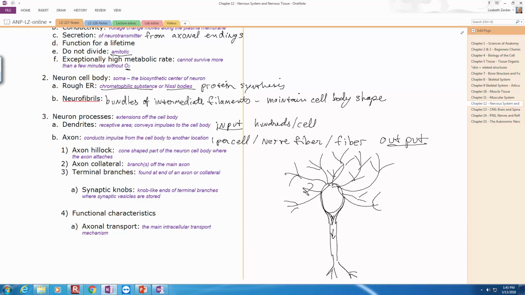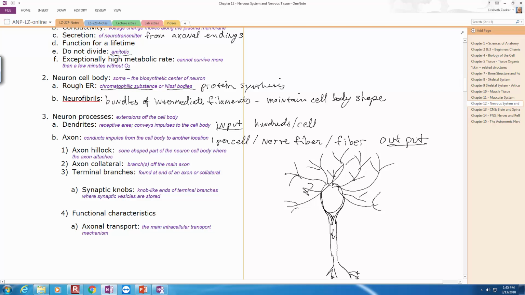And then you can also have terminal branches, which means, if you think of the word terminal, like the end of something, terminal bus station, end of the bus station, no more bus stops after that. So terminal branches are found at the end of an axon or collateral. So this would be like a terminal area, terminal area, terminal area, that kind of thing.